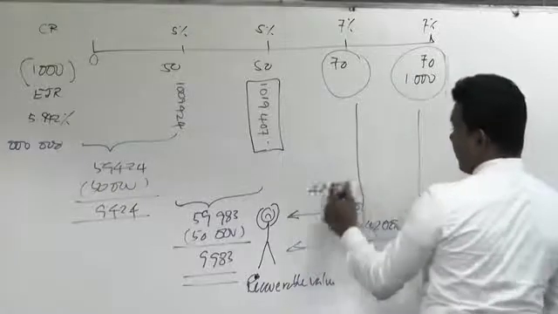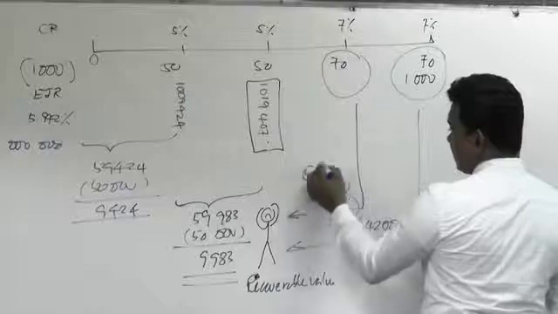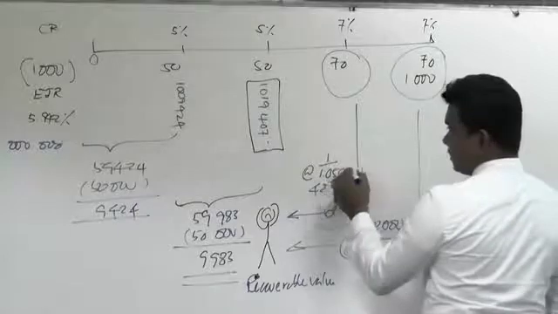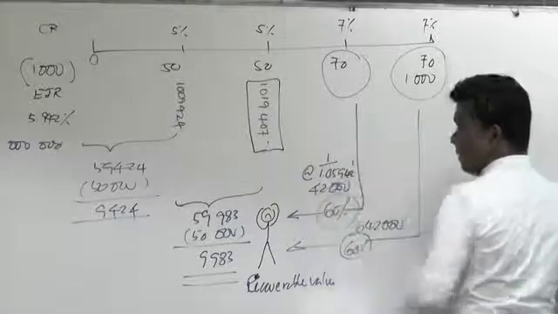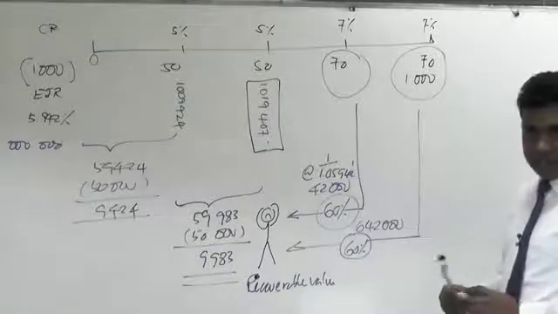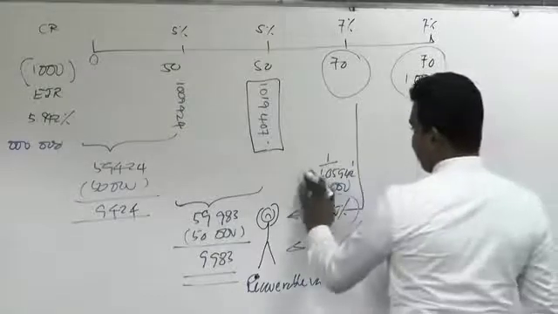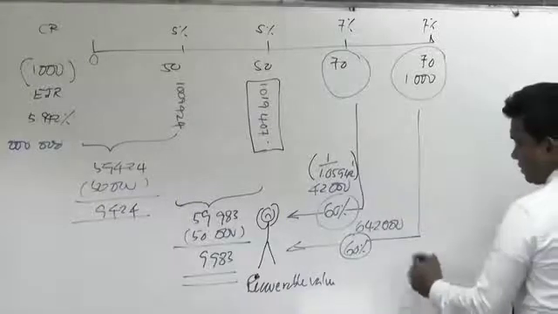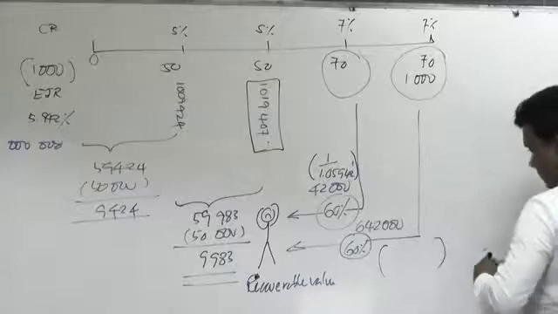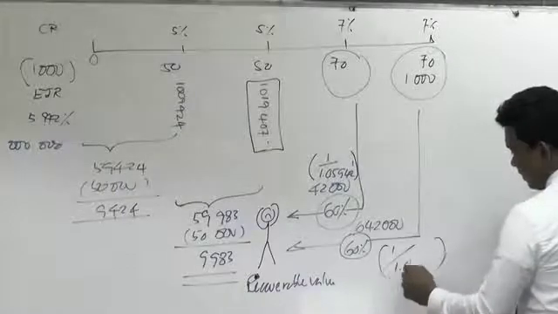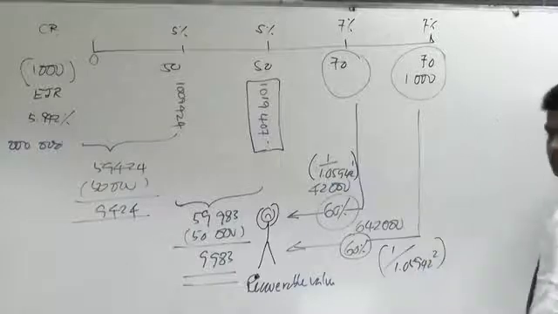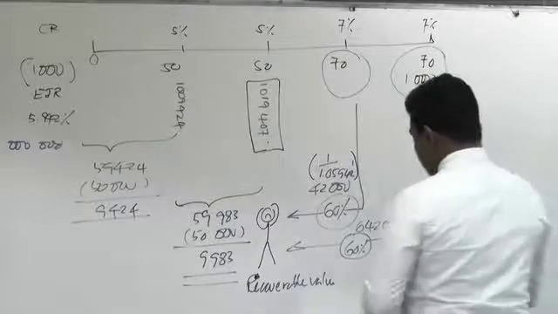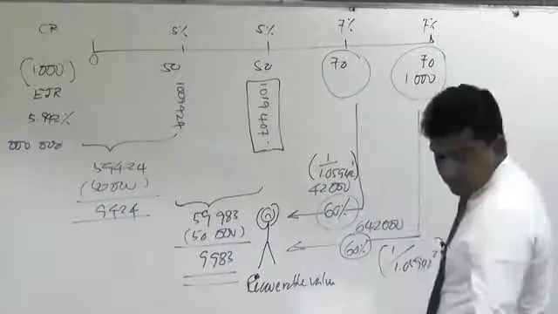This is only for 1 year, therefore this needs to be multiplied by 1 divided by 1.05942 power 1. Agreed? That is the first year discounting factor. This is the second year, therefore this needs to be discounted by 1 divided by 1.05942 power 2. Clear?